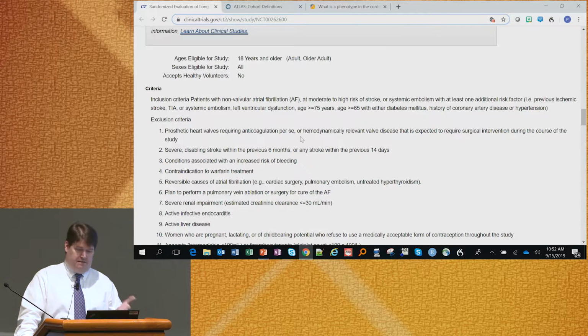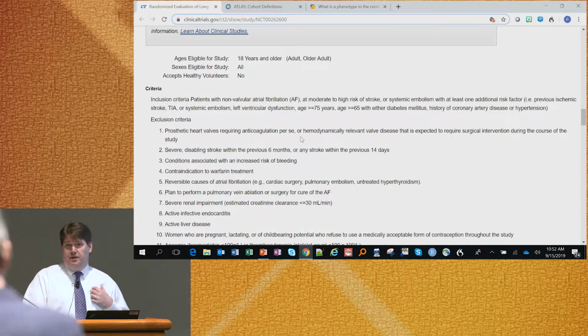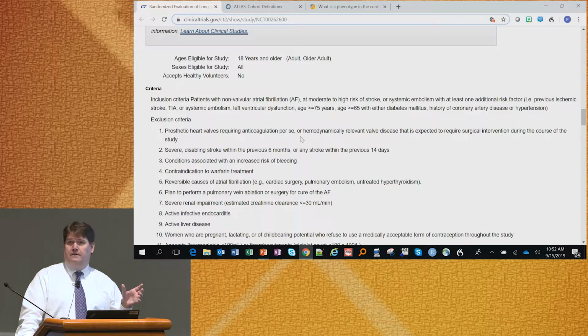But what I'm going to do is set up a cohort definition that describes one of the arms, the warfarin arm. So my index event for my cohort definition is going to be warfarin exposure, the first warfarin exposure. Then I'm going to use the inclusion criteria for this study as the inclusion criteria for those people first exposed to warfarin who qualify for the study. And qualifying for the study means having the inclusion-exclusion criteria satisfied.